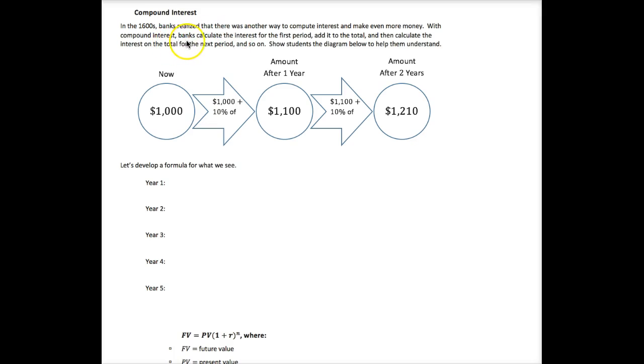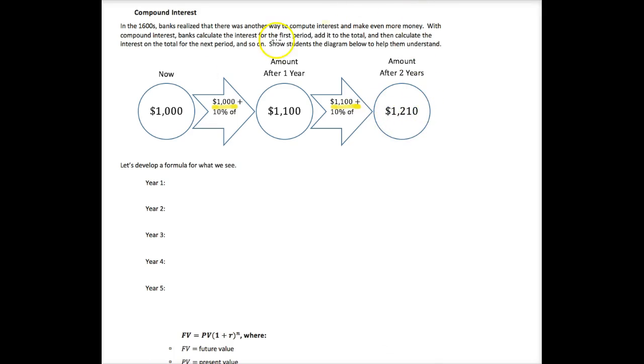With compound interest, banks calculate the interest for the first period, add it to the total. So this looks like what we saw before, 1,000 getting 10%, and now we have 1,100. And then calculate the interest on the total for the next period. So notice the difference. Here we see 1,000, and here we're getting interest on 1,100.